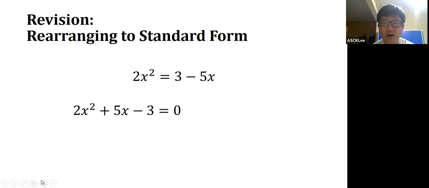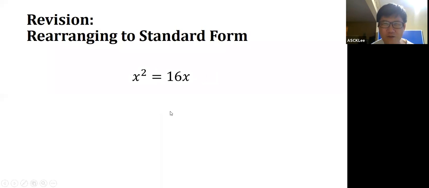When we bring the minus 5x over, it becomes a plus 5x. This is your standard form. It's neat, orderly, and equal to 0. This is not the standard form, this is the standard form.